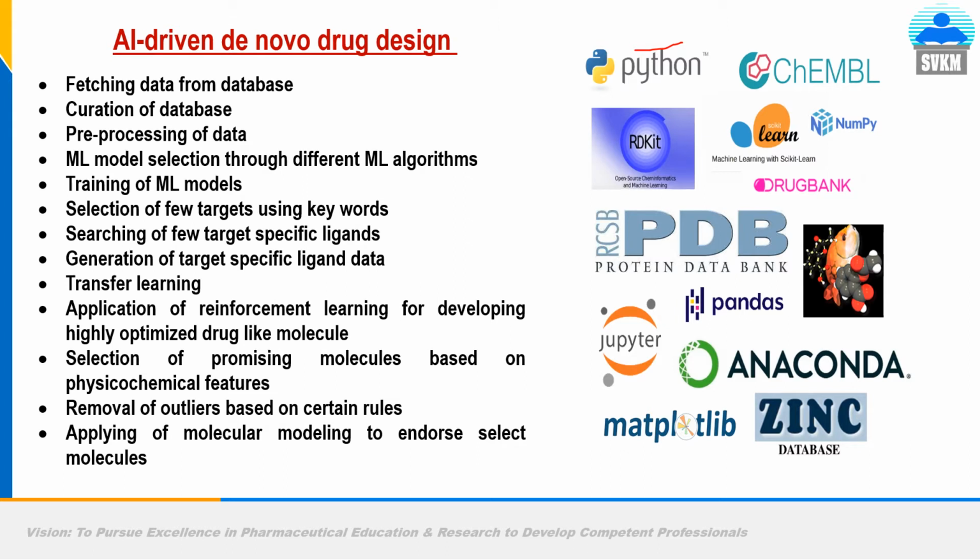So what are the steps in AI driven de novo drug designing? One question comes to mind: why is there a need of artificial intelligence in drug designing? So let me tell you, drug discovery is one of the most stringent types of technology, a marathon which requires on an average 10 to 12 years, and it requires around 2.6 billion US dollars, and it is increasing year by year, but the ratio or the percentage of output is not increasing in that proportion.